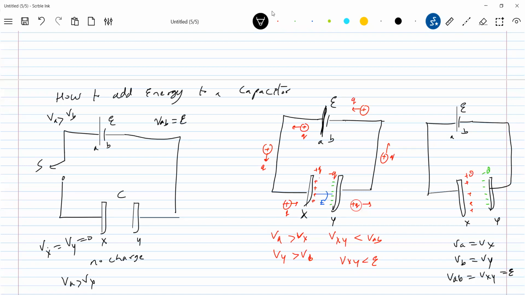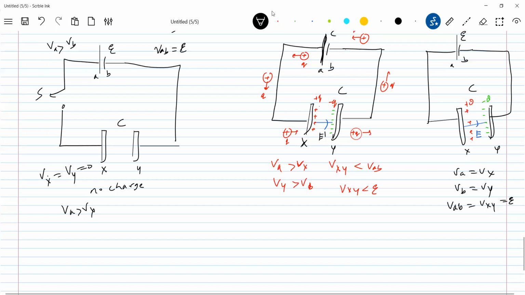And now come and check the electrostatic field. So here it was E dash, and the field will be E. Okay, got this one. So let's calculate energy in the capacitor. So what is C? C is the capacitance of this capacitor.